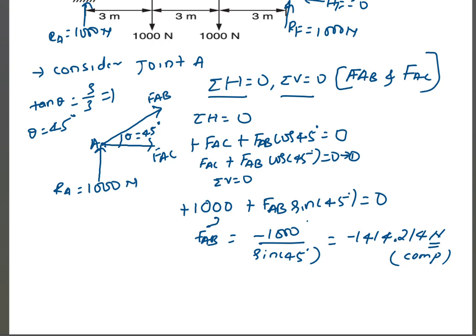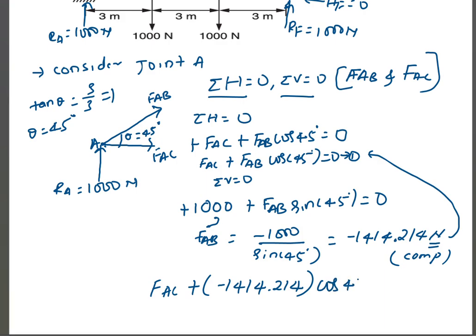Now substitute this value in equation 1. You will get FAC plus, in brackets, minus 1414.214 cos 45 degree, is equal to 0.